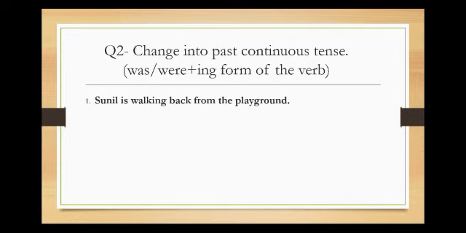So your first sentence is Sunil is walking back from the playground. That is a sentence of present continuous tense. So it's very easy. In place of is walking, you have to write was walking. So your sentence will become Sunil was walking back from the playground.